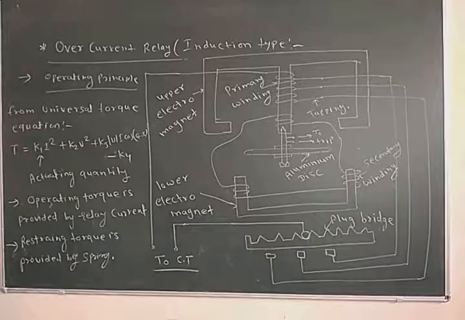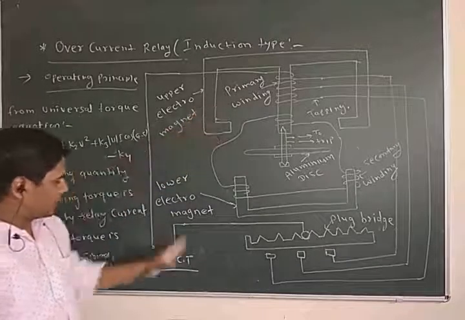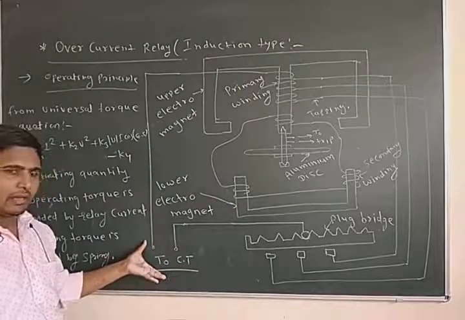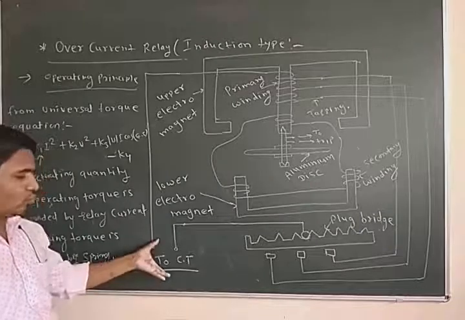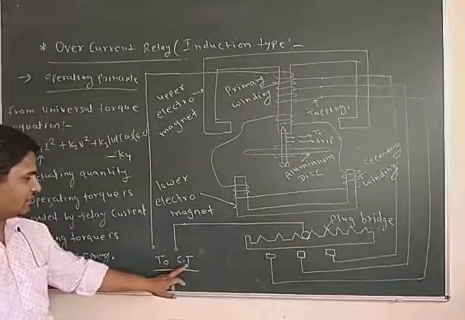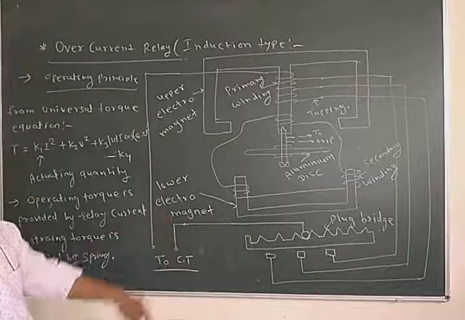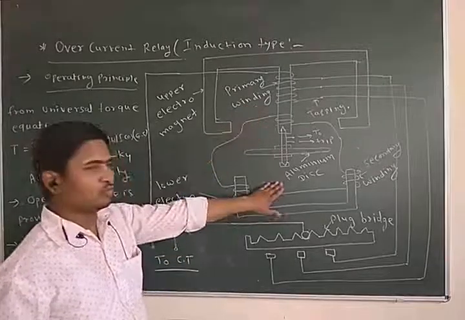In normal condition, input to the relay is provided with the help of the CT, which means the relay is connected to the secondary winding of the CT. Now when the input is provided to the relay, there are two electromagnets, one is E shape and the second is U shape.